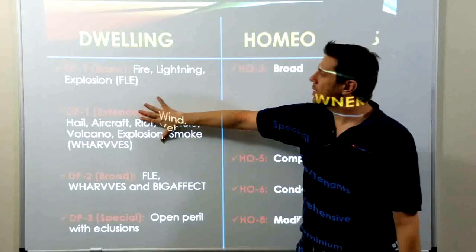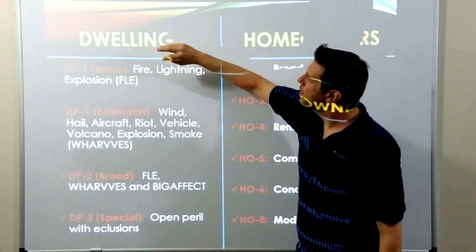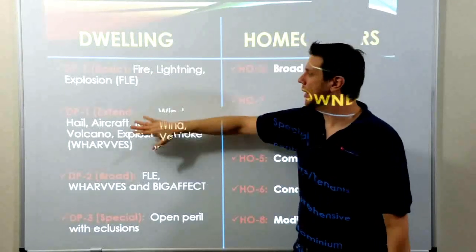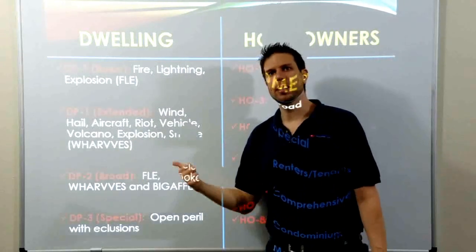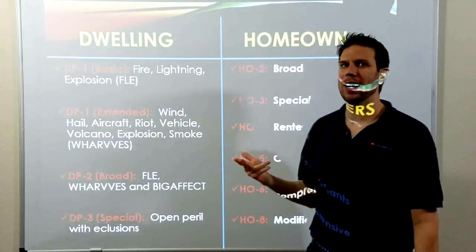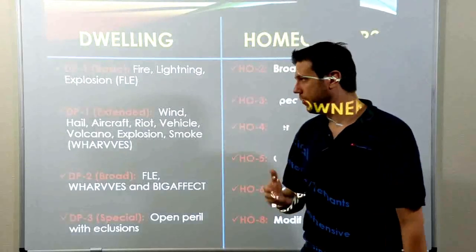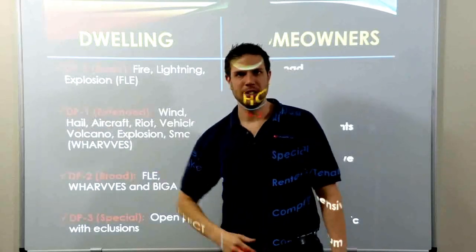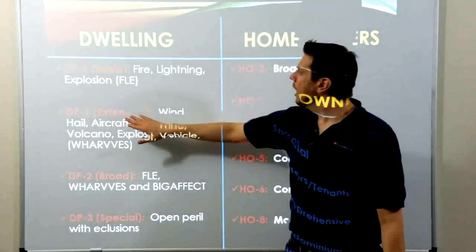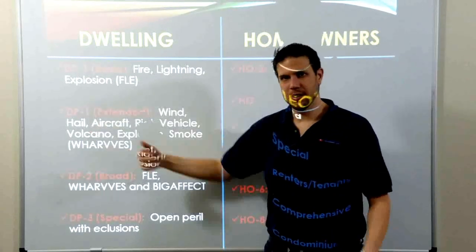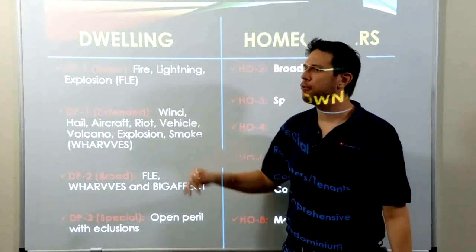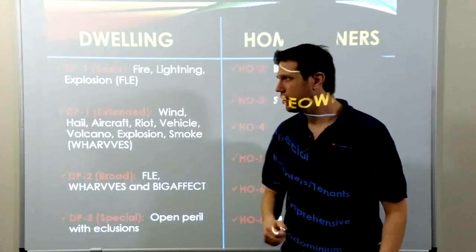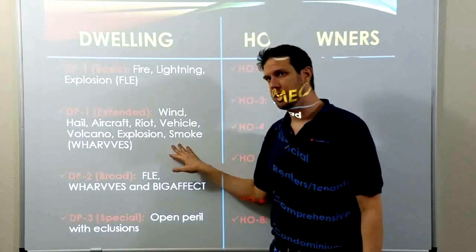The DP1 extended perils covers everything that the basic perils did and WARVs. So if a windstorm like a tornado or a hurricane hits your house, you're covered. If it hails on your house, you're covered. If a plane hits your house, you're covered. If rioters set fire to your house, the DP1 extended covers it.